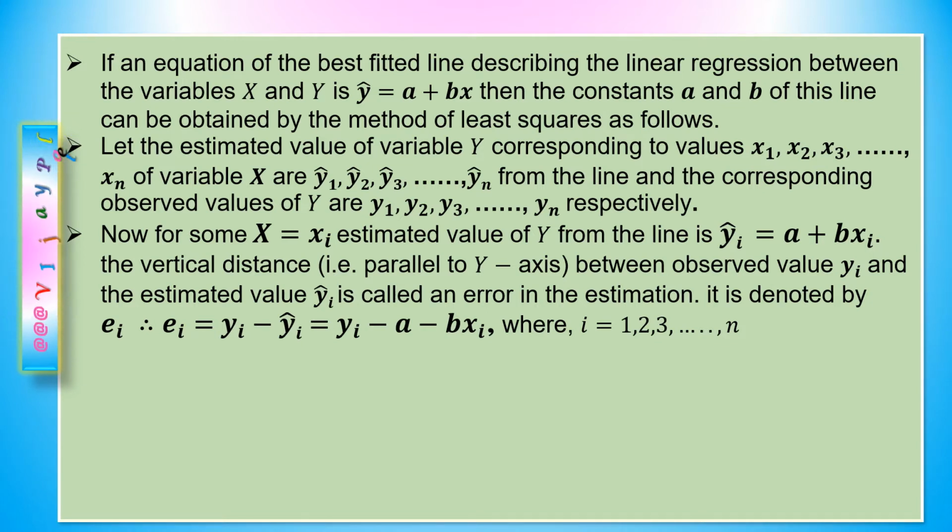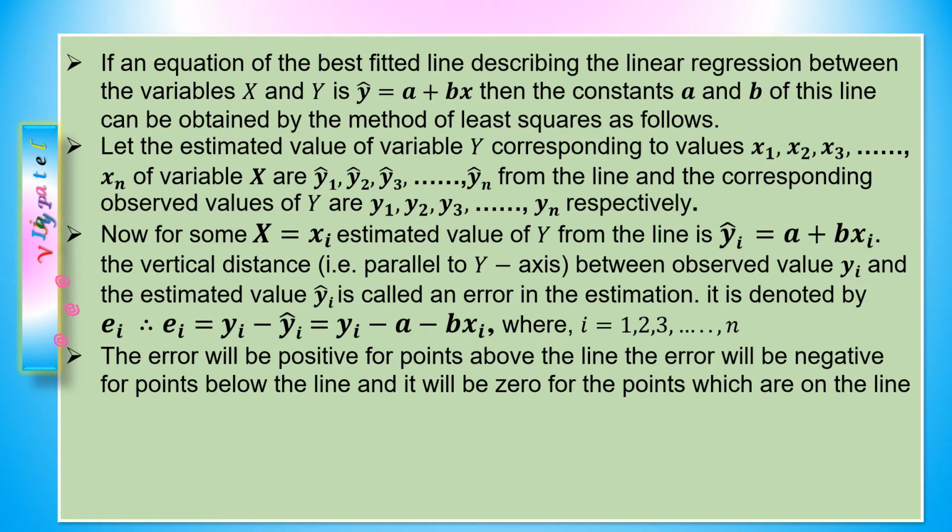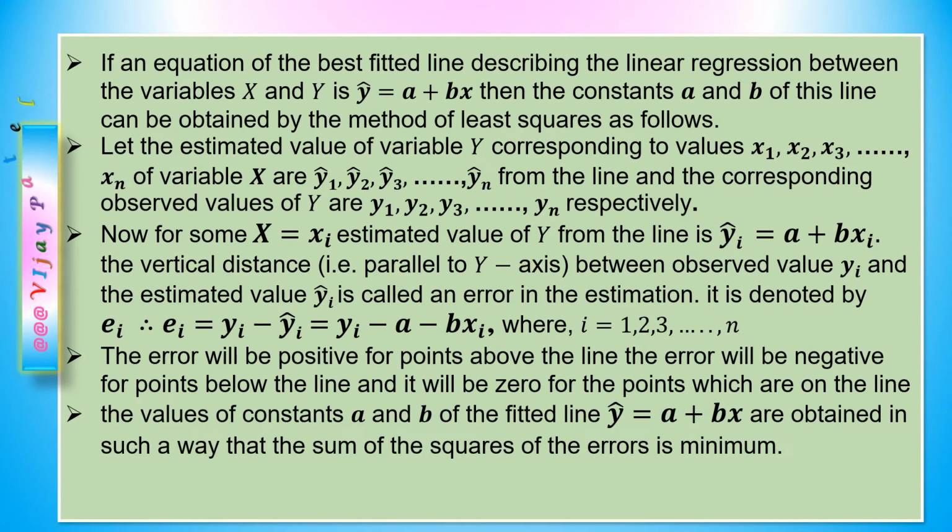Therefore ei is equal to yi minus yi cap. By putting the value of yi cap we get yi minus a minus bxi, where i is equal to 1, 2, 3 up to n. The error will be positive for points above the line, negative for points below the line, and 0 for the points which are on the line.